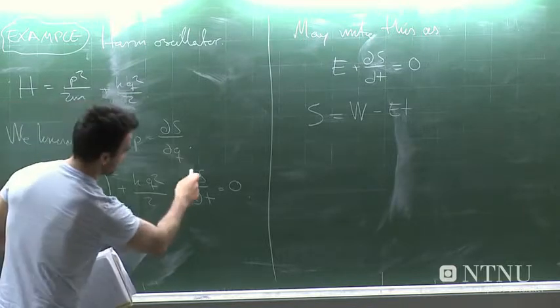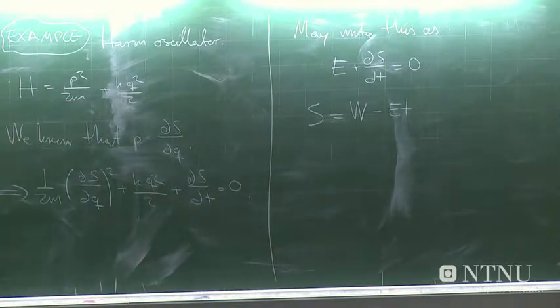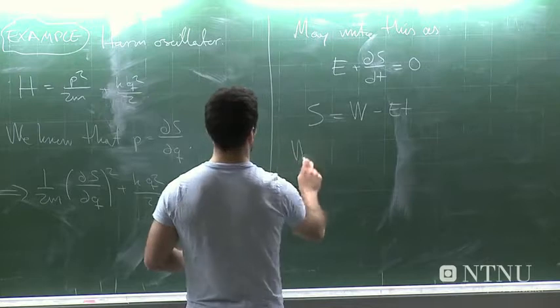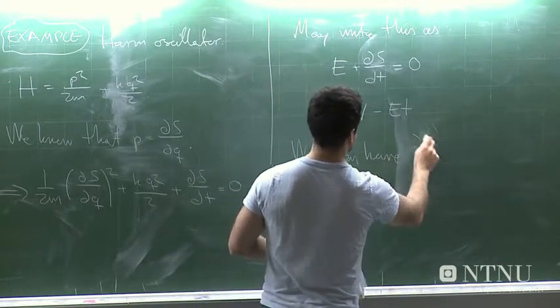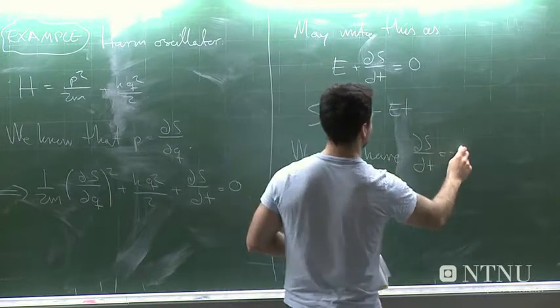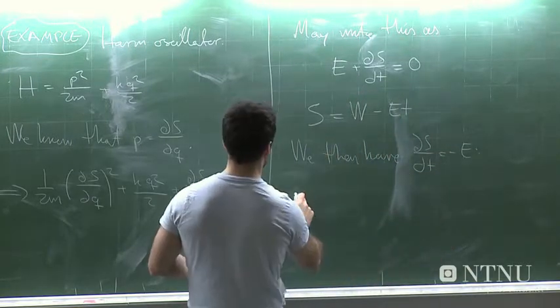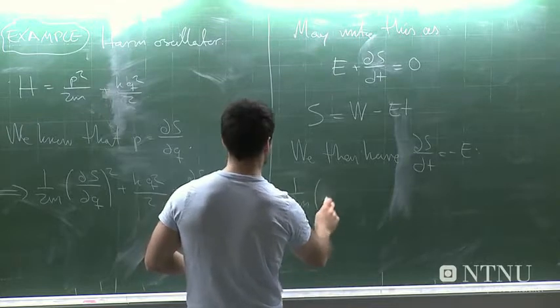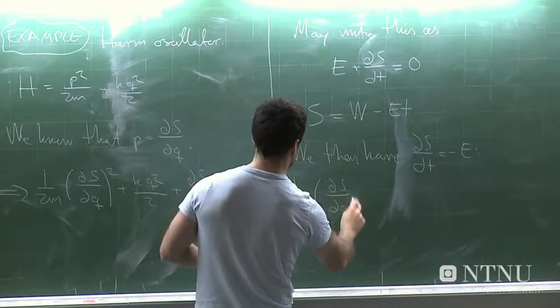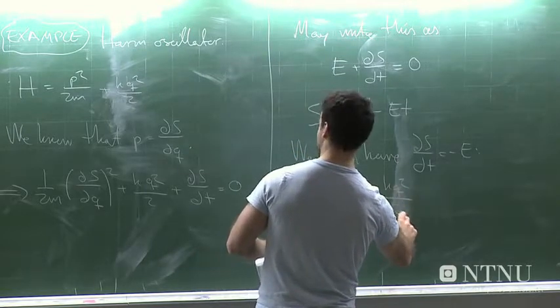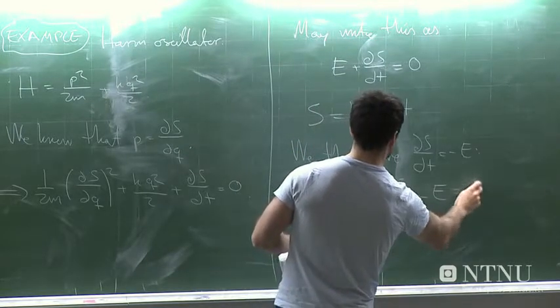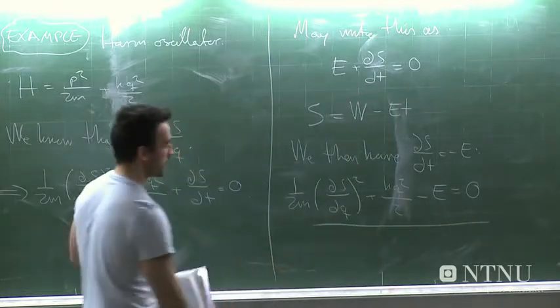So this last partial derivative term here is simply minus the energy. So we have this equation now.